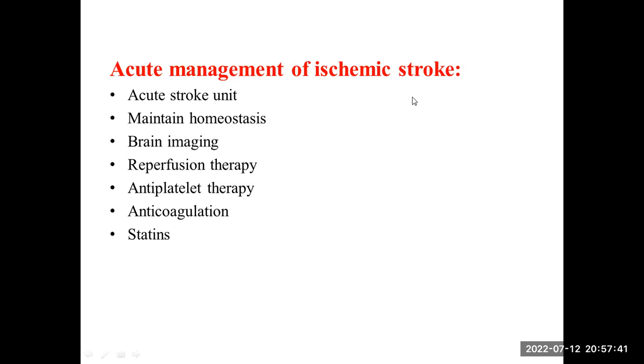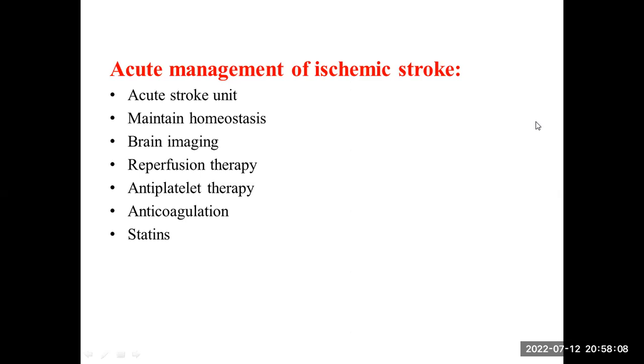hypertension or high blood pressure with acute ischemic stroke should not be controlled, should not be reduced in the first week of acute stroke. So in the first week of acute stroke, you should not lower the blood pressure unless there is an element of hypertension target organ damage. For example, if the patient is having very high blood pressure and there is target organ damage related to hypertension, like aortic dissection or myocardial infarction or acute kidney injury, in these situations, you can start lowering the blood pressure.